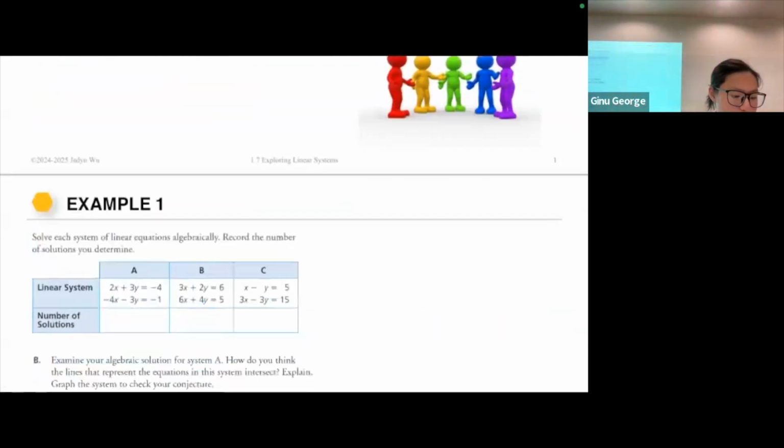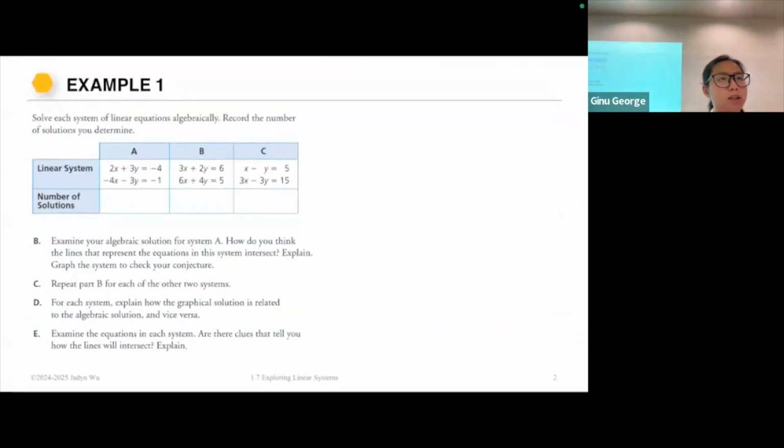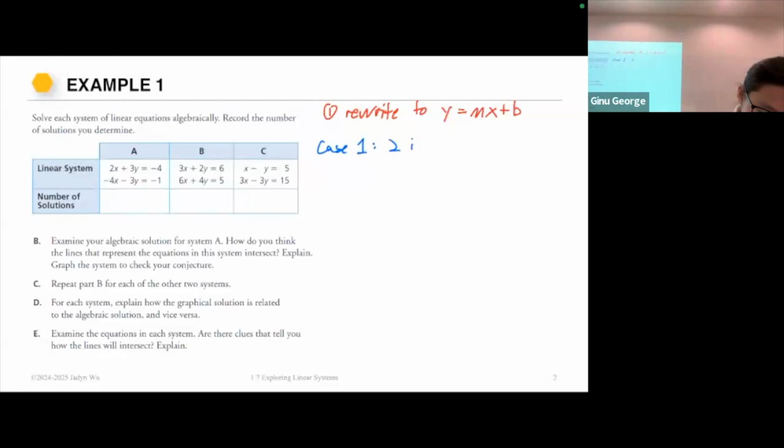So actually, I have a table here. There are some steps you can think about, and you can go ahead if you have ideas. So basically, we rewrite it as y equals mx plus b to better examine what the lines themselves look like. But the idea is we will basically have 3 cases. So case 1 is two intersecting lines.